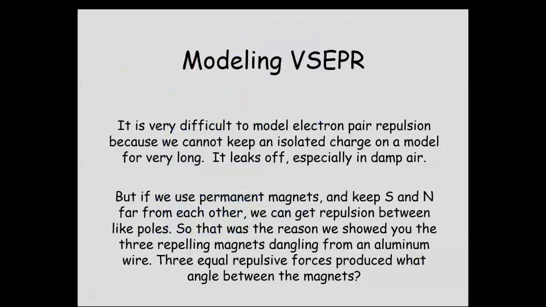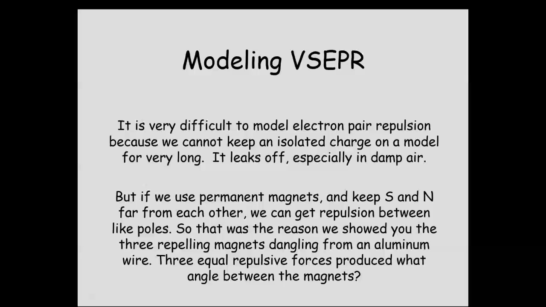Now, it's very difficult to model electron pair repulsion because charges leak off, so nobody does that. But if we use permanent magnets, as we did the other day, and if we have, as we did the other day, only north pointing out from the magnets, because we use these little cylinder magnets to make them, we can get good repulsion between the like poles.